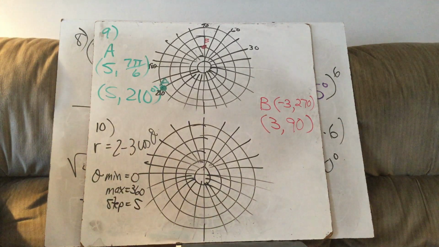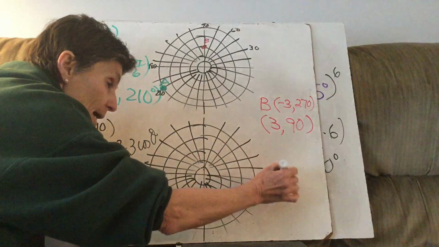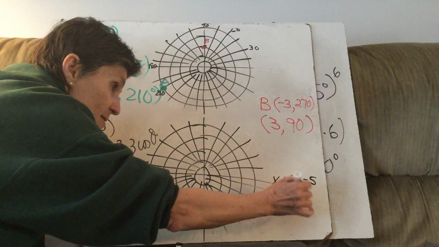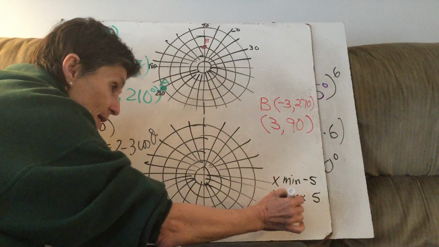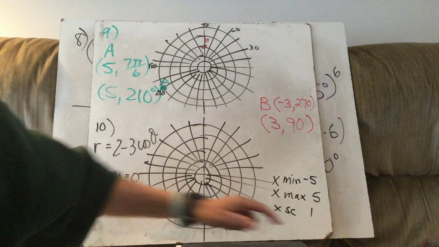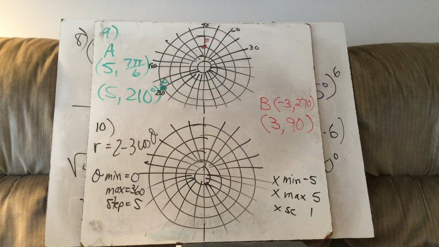Please don't change that. Set your window that way. X min, negative 5, X max, positive 5, X scale, 1. Do the same for Y. X and Y are the same.